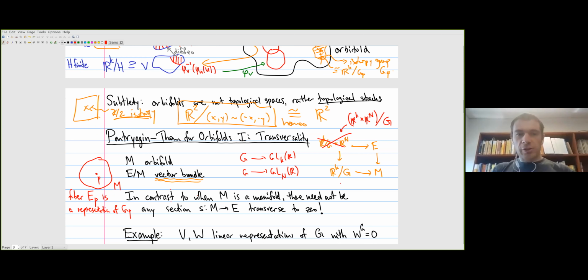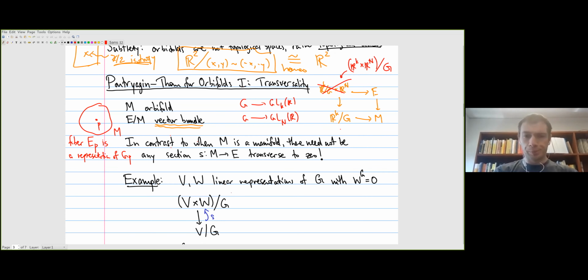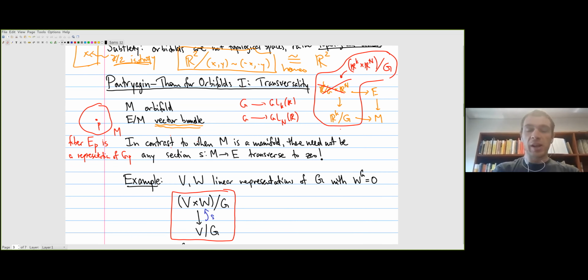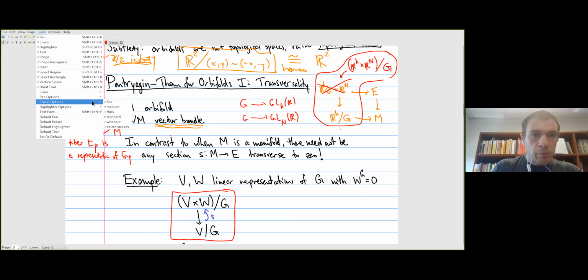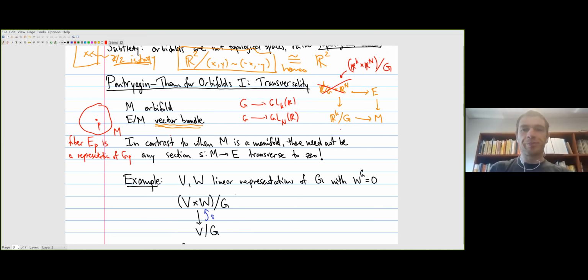So for example, let's consider this vector bundle over an orbifold. It's literally just this local model that I said everything is locally. So this V mod G is my orbifold M, and this is the vector bundle E, or its total space.